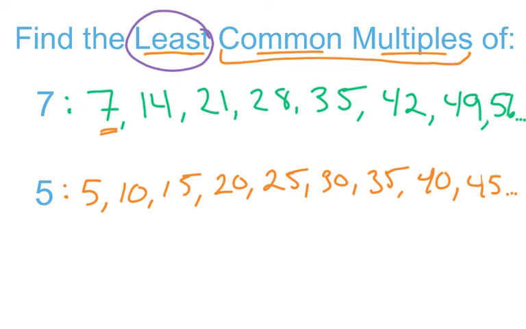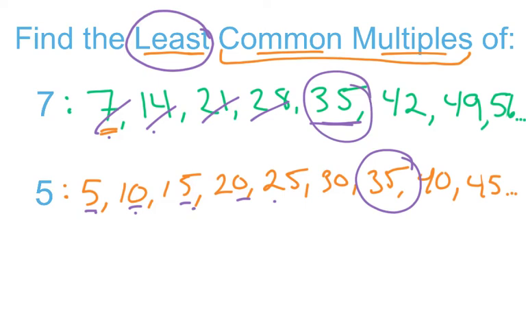The way I like to do it is I make sure that I have all my multiples listed out for a couple steps. And then I'm going to go along the line and say, well, 7, nope, that doesn't work. 14, no. Multiples of 5 only end in 0s and 5s. So this one's not going to work, nope, nope. 35, that ends in a 5, so I'm going to go check. 5, 10, 15, 20, 25, 30, 35.